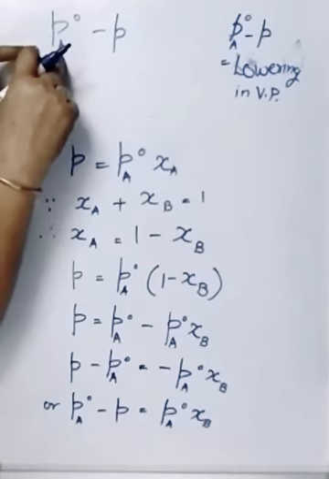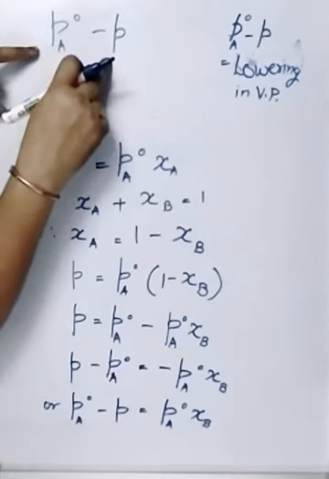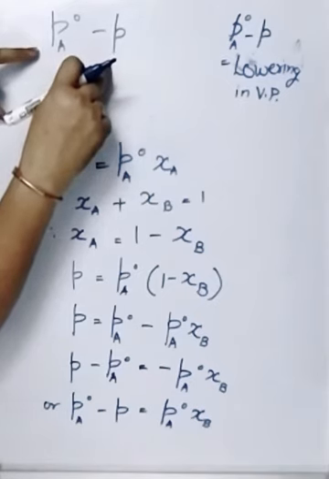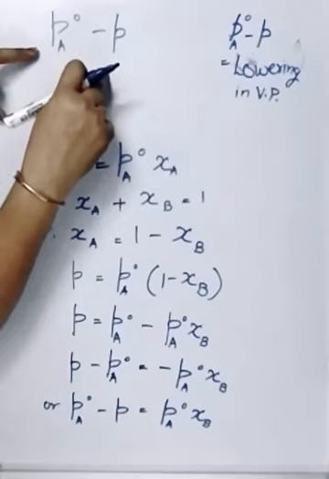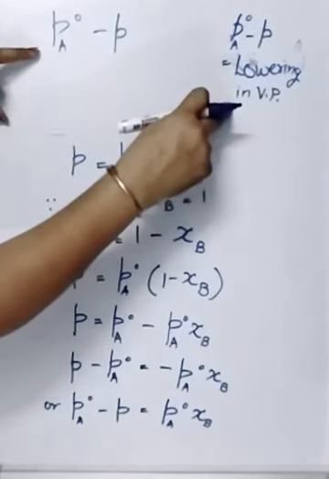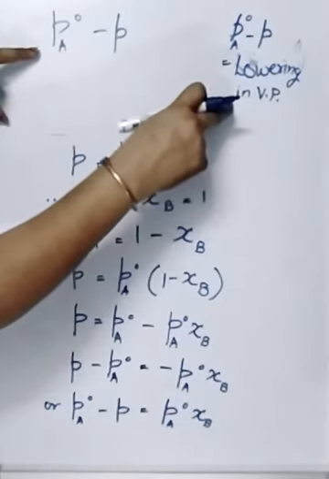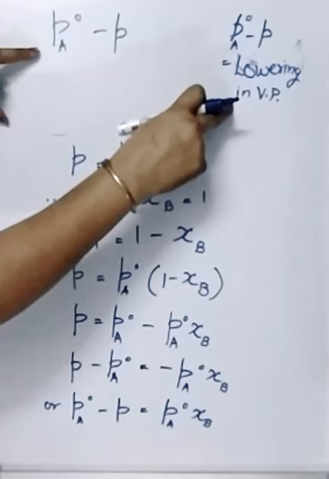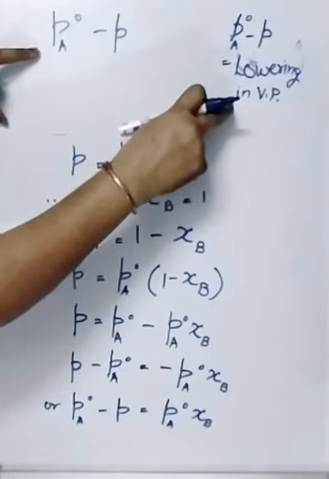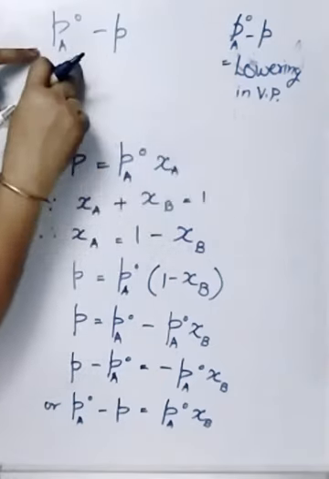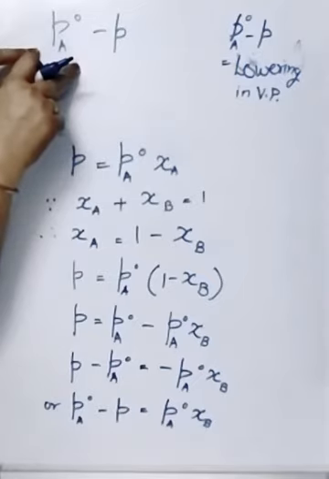So the vapor pressure of pure solvent is always more than the vapor pressure of solution, which is due to the vapor pressure of solvent only. So this is called lowering in vapor pressure, because the vapor pressure of solvent decreases when it has a non-volatile solute dissolved in it. So this is known as lowering in vapor pressure.